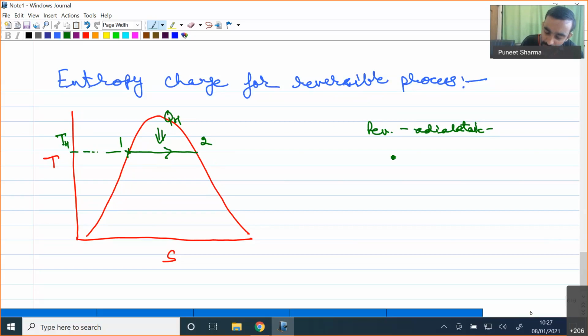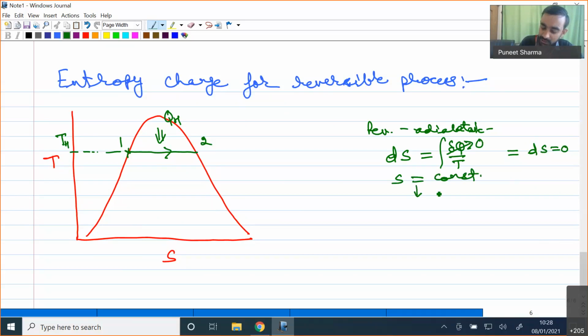Now we know that for a reversible process, ds is equal to the integral of del q by T. If the process is reversible and adiabatic, then dq is equal to 0, and finally ds is equal to 0. If ds is 0, s will remain constant during that process. So our process will be isentropic.